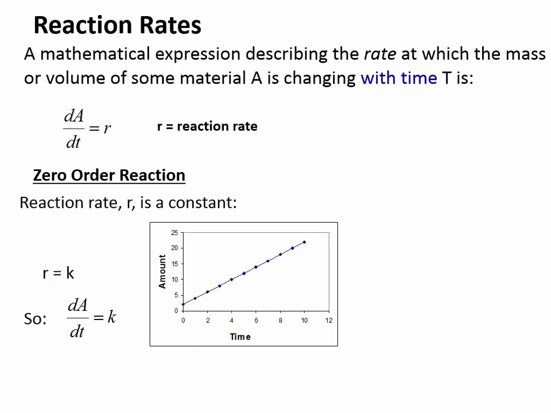So here's a graph. It's showing it's steady. It's always increasing the same amount. Rise over run is the slope of the line. Everybody here knows how to find the slope of the line, right? Delta amount divided by delta time would tell us the slope. And that slope is straight. So that's zero order kinetics.